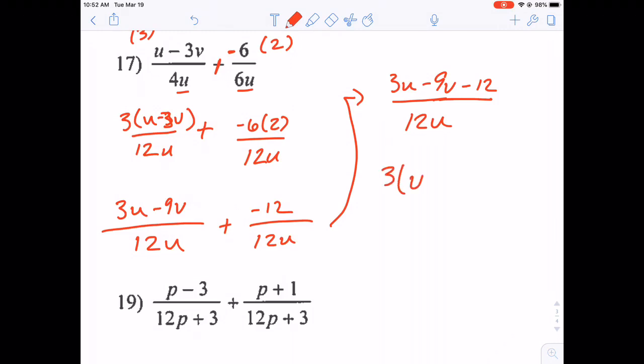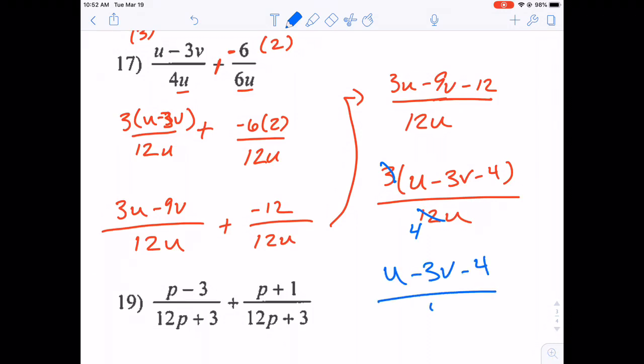If I factor a 3 out, I have u minus 3v minus 4 all over 12u. And then my 3 reduces with my 12 to turn the 12 into a 4. And now I have u minus 3v minus 4 all over 4u. And that's the completely factored and reduced version.